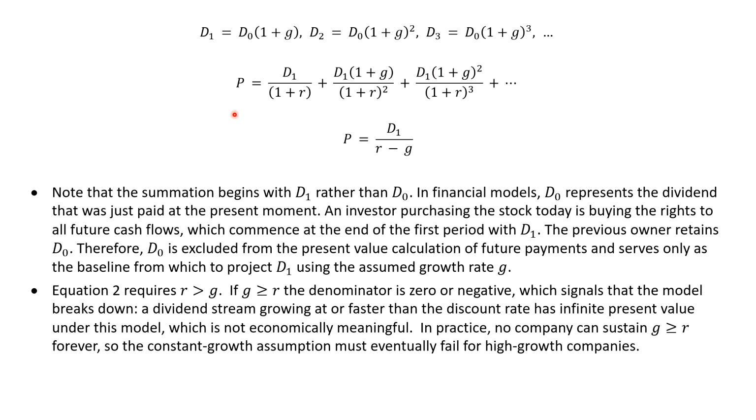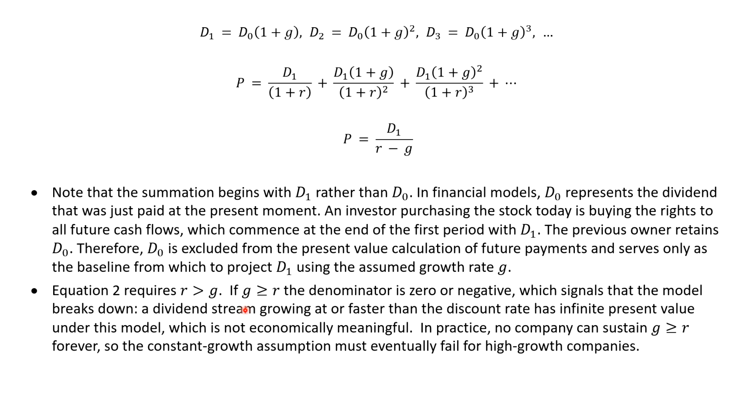Okay, so that's just a convention. I mean, we could have numbered things differently, but this is how it's typically done from what I understand. Then equation 2, this equation down here, requires R being greater than G. Remember, G is the growth factor.